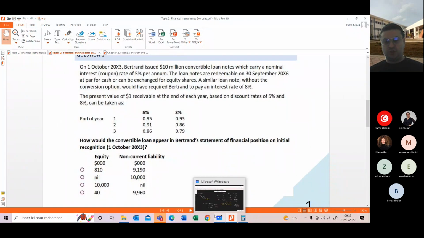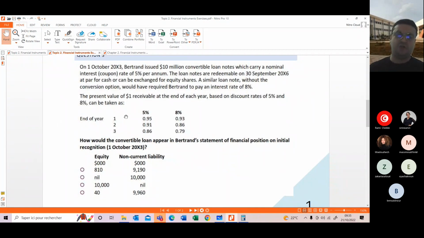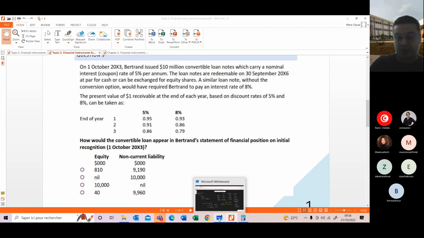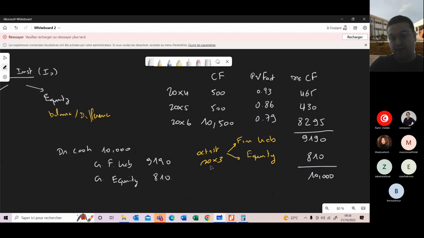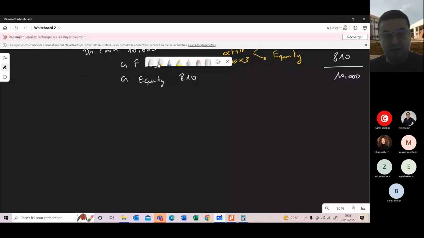Can I ask a different question using the same data? Because the question is asked based on what is provided just on the 1st of October 2023, the initial recognition. Think about it. The carrying amount. Another question, let's say question 2.